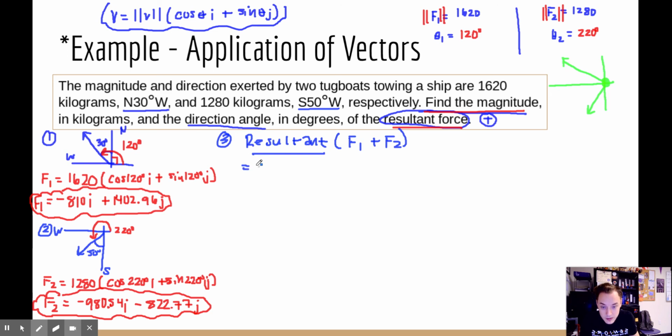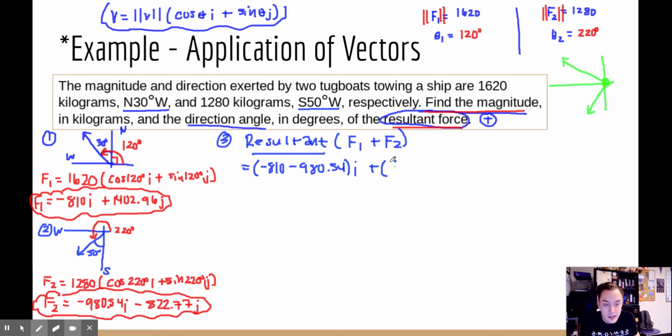So my resultant is negative 810 minus 980.54 I, plus, and then I'm going to take my J, so I'm going to put it in parentheses again.